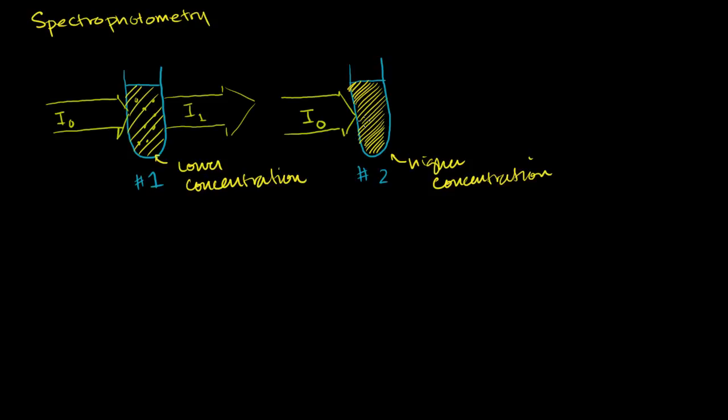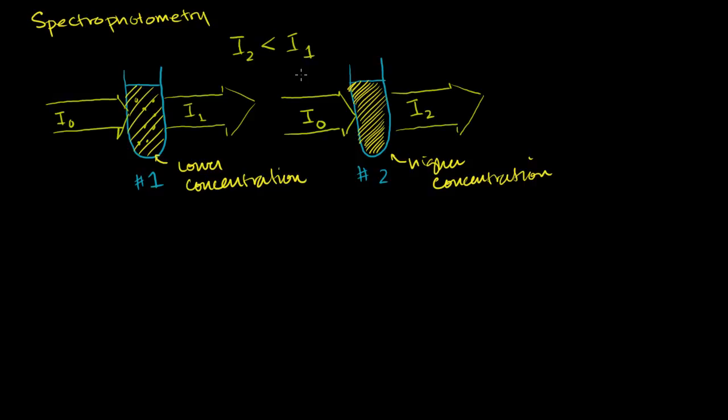It's going to bump into more molecules because it's a higher concentration here. So the light that comes out, I'll call that intensity I2. This is going to have a lower intensity of light being transmitted than this one over here. I2 is going to be less than I1.